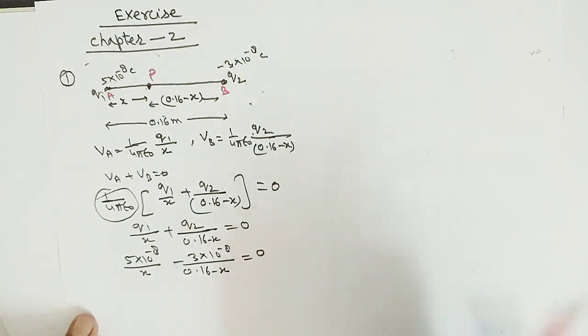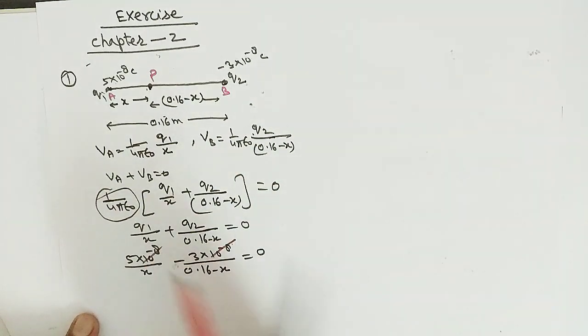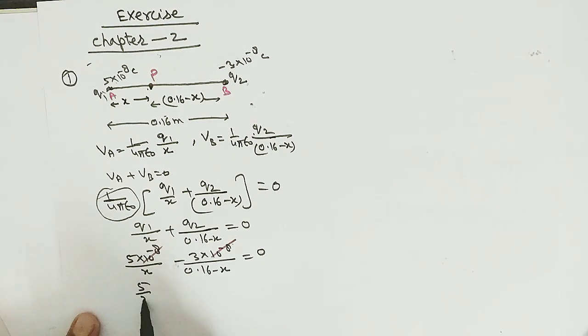Okay, so we can cancel 10 to power minus 8 here. So 5 upon x is equal to 3 upon 0.16 minus x.